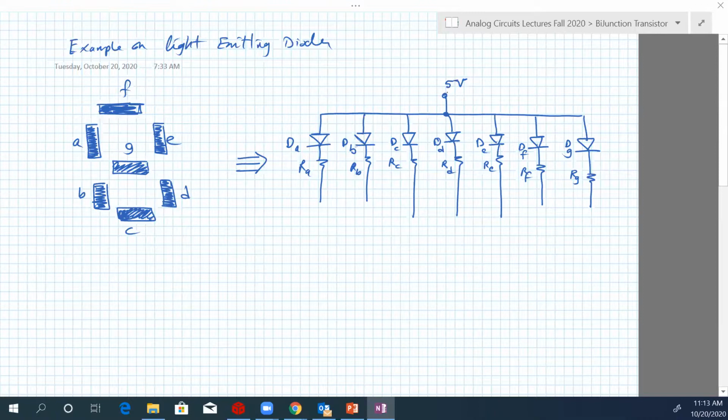So a source, a battery, that will provide some current. This current will be divided over these branches. Here V input A, V input B, V input C, V input D, E, F, G.